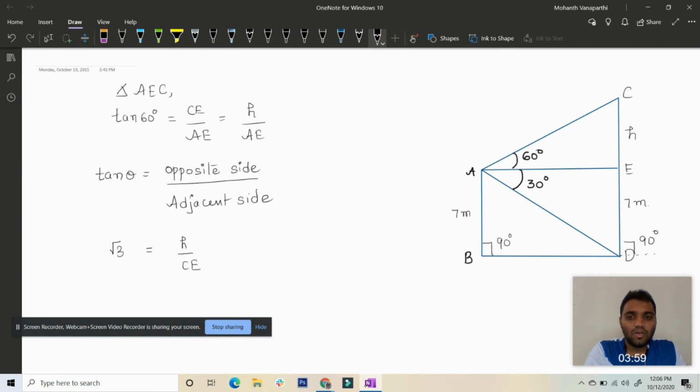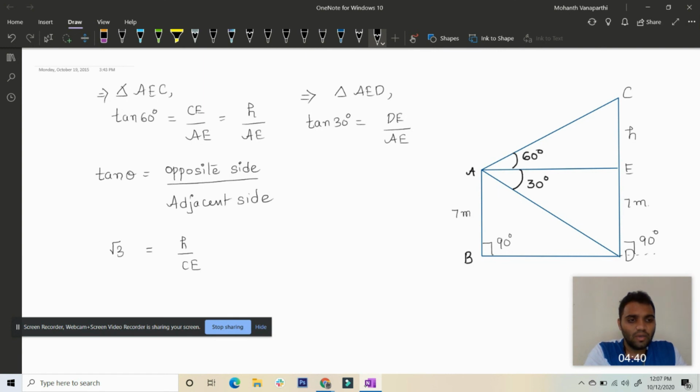Fine. Now let us move to the triangle AED, because in triangle AED we know the length of ED. Applying the trigonometric ratio in triangle AED, I will get tan 30 degrees is equal to opposite length divided by adjacent length. Here opposite length is nothing but DE divided by AE.